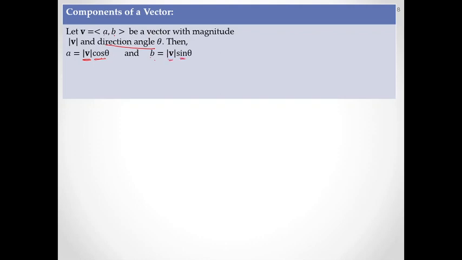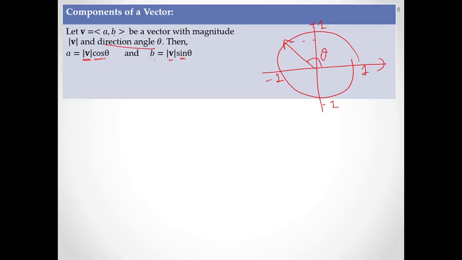This is very natural because if you have the unit circle, going from minus 1 to 1, any angle theta has its cosine theta and sine theta components.